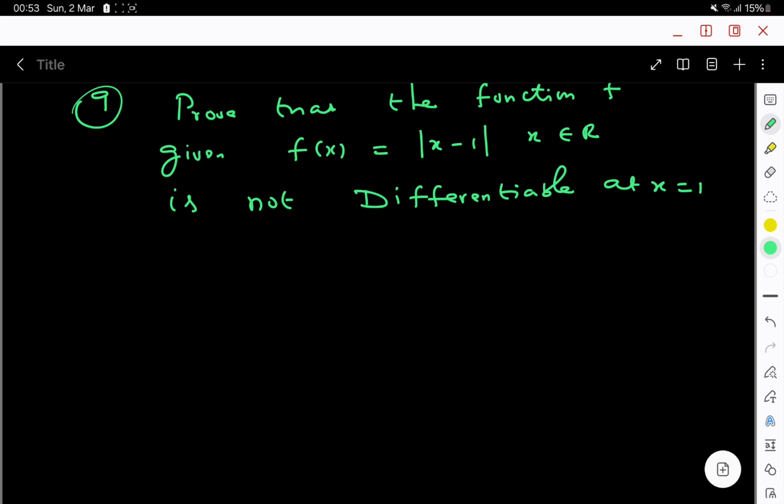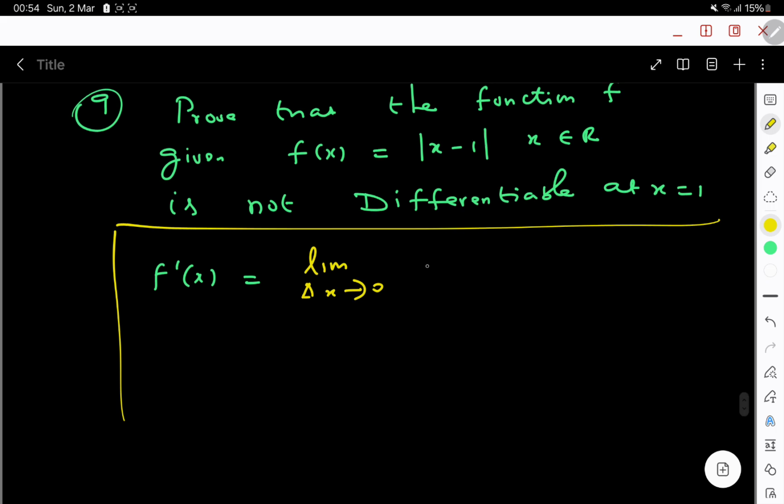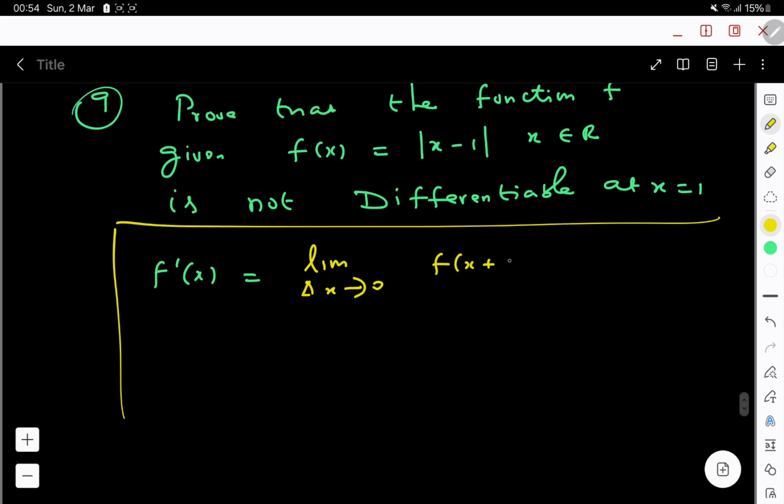We know the first principle formula. What is f dash of x? Limit delta x tends to 0, f of x plus delta x minus f of x by delta x.